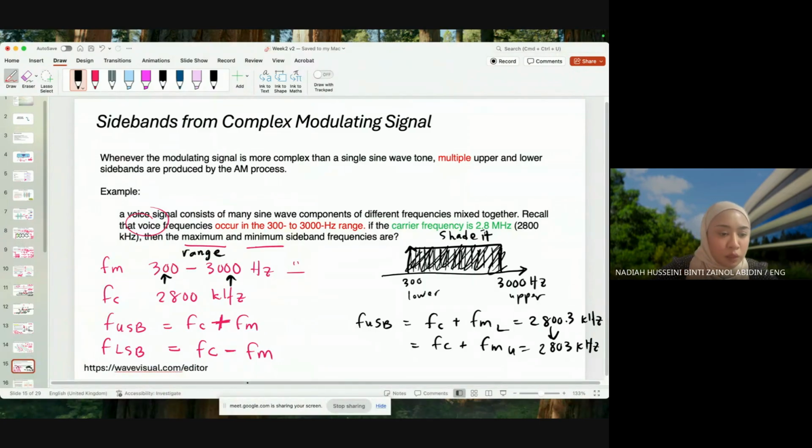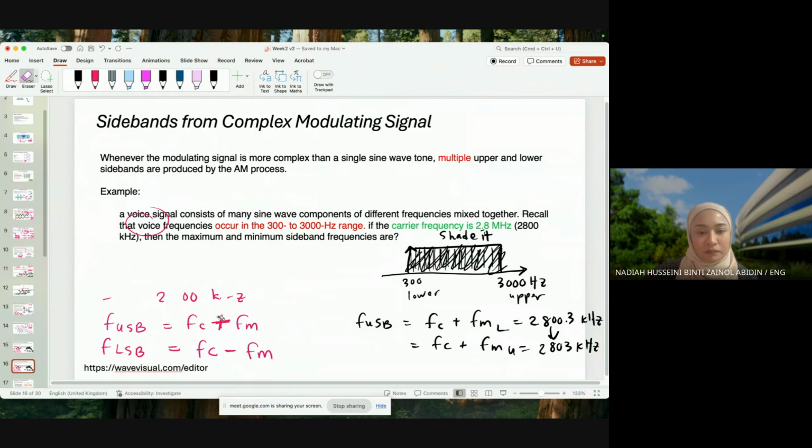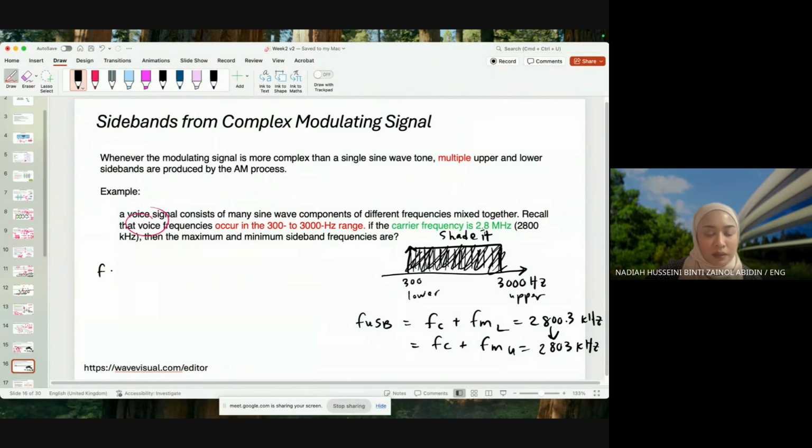Now let's find the lower sideband. Let's duplicate this and get rid of this. Now working with the lower sideband, the equation is FC minus FM lower, then FC minus FM upper, because it's a range.